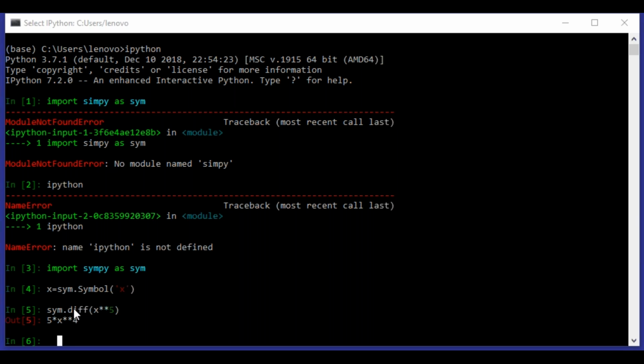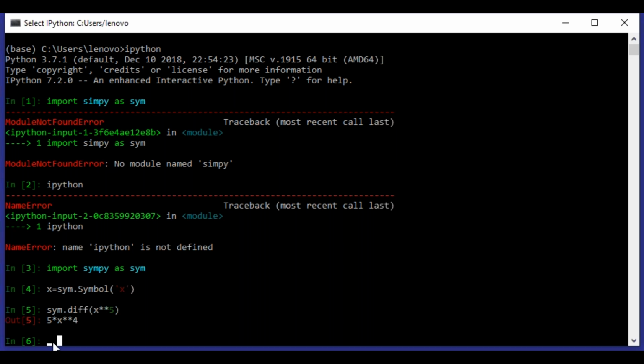Anyway, we can find the derivative of the function x square plus 1 into cos x. For that, we have already imported the package sympy, and x equal to sym.Symbol in bracket x.